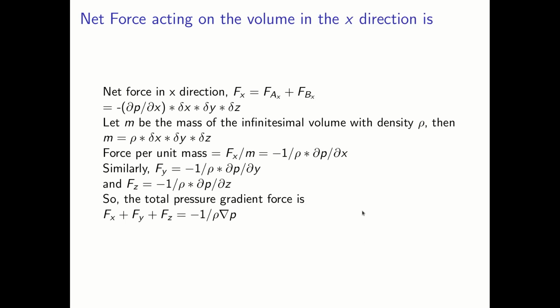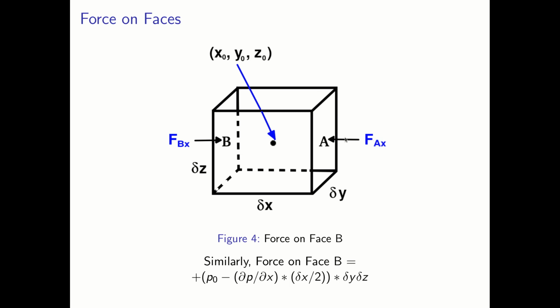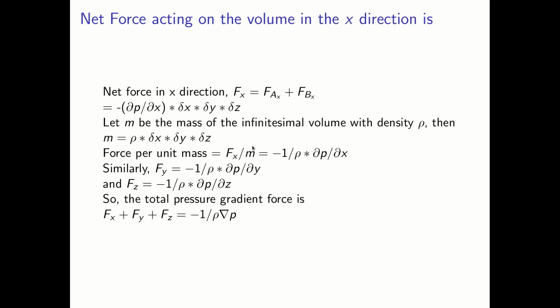Okay. Now the net force itself will be the summation of two forces. So the net force in the x direction will be Fa plus Fb. So vector sum. And if we basically take these two terms and add them together, what we are left with is minus del P by del x.